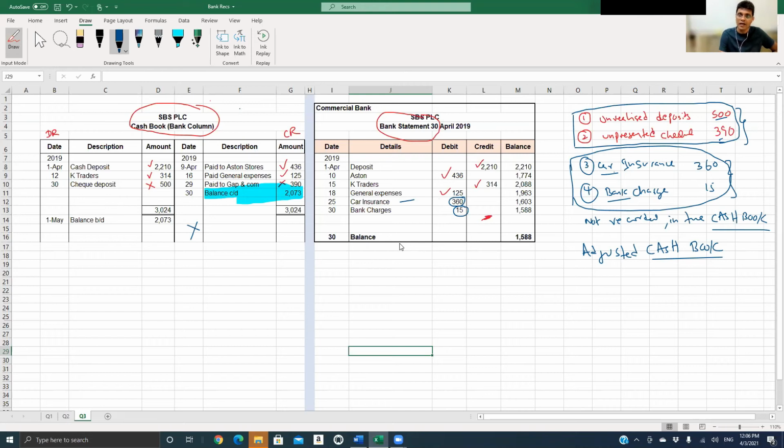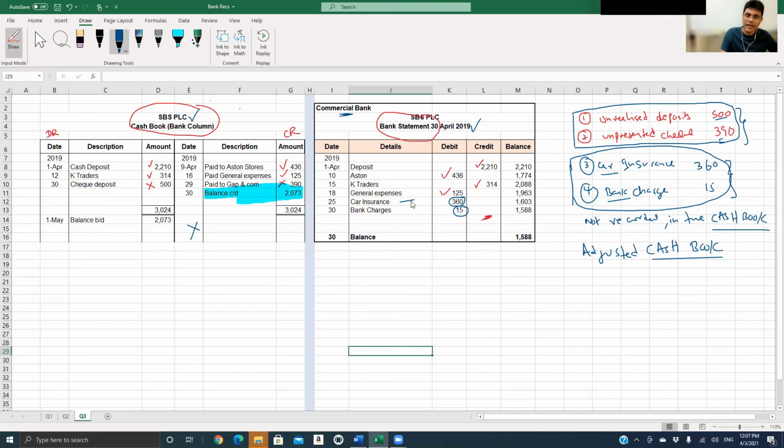Standing order means we would have given an instruction to the bank on a specific date to pay this amount to our insurance company. We will come to know when we receive the bank statement. The company accountant of SBS PLC will come to know when we receive the bank statement from the commercial bank.